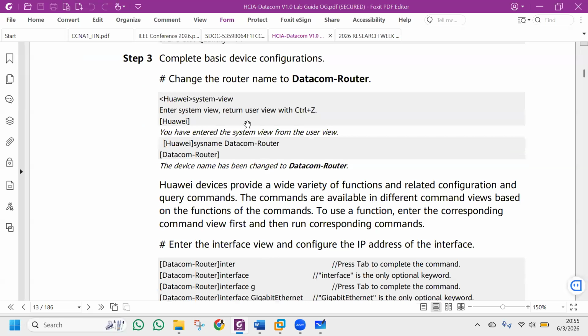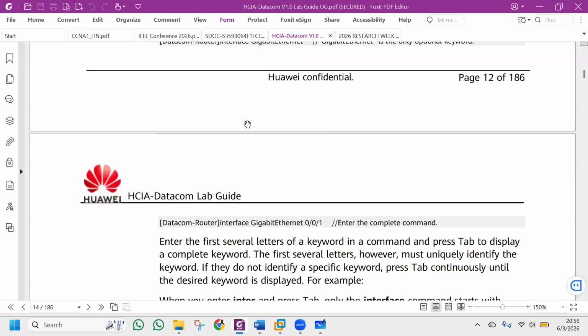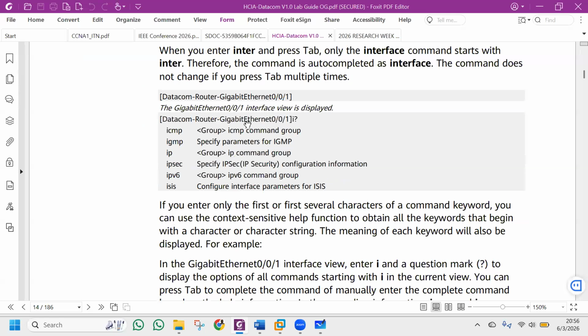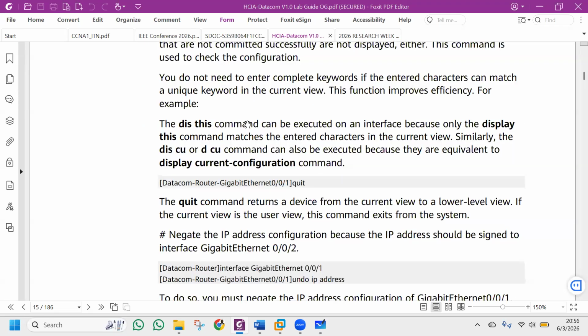You go to the system view, we have the user view as well. You change the host name here, then you add an IP address. You first go to the interface, then you add the IP address. Practice is very important.